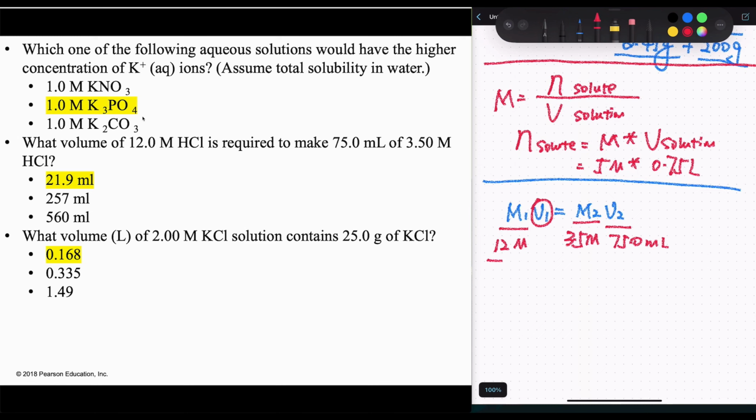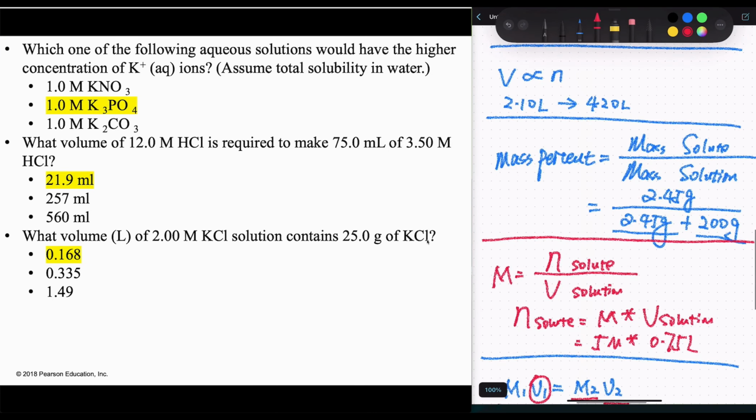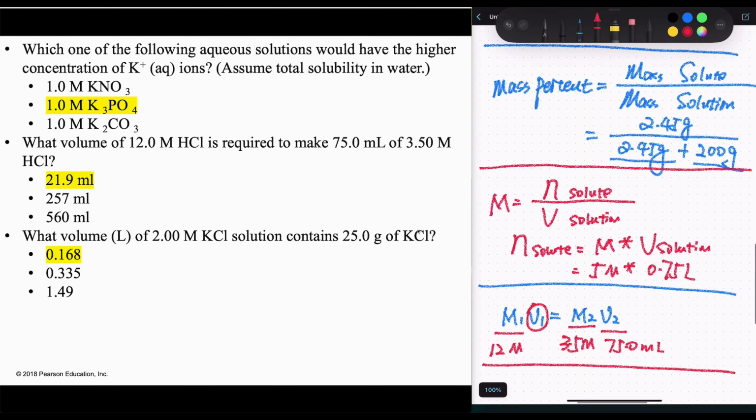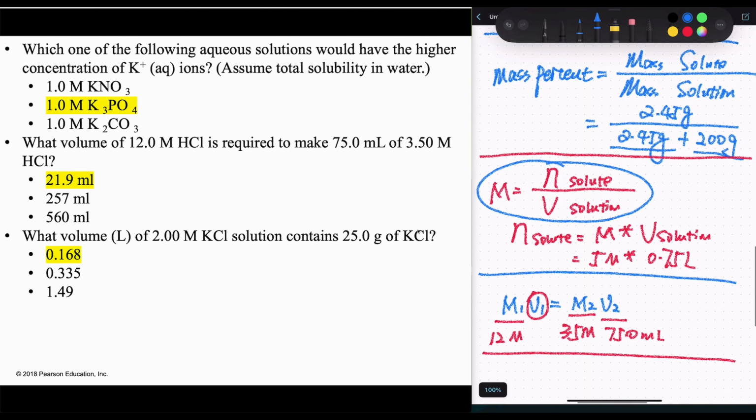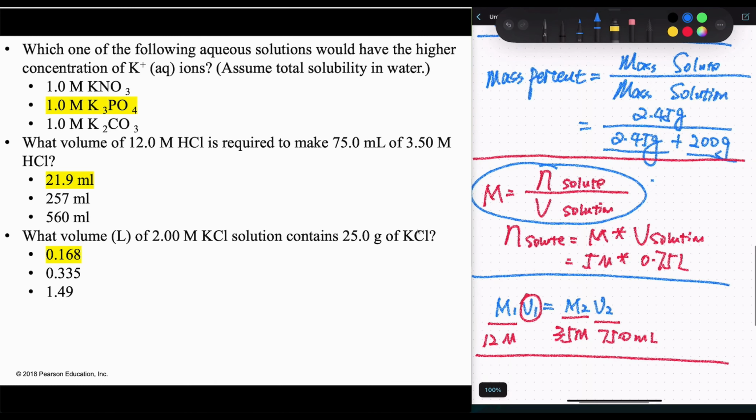Next question. This question is asking what volume of 2 molar potassium chloride solution contains 25 gram of potassium chloride. This question is also asking you about the molarity equation. So we can express the volume as the amount of the solute divided by the molarity, right?